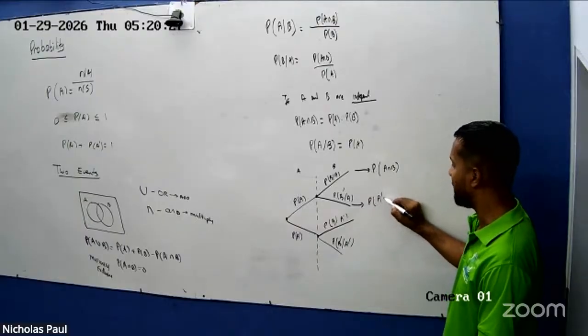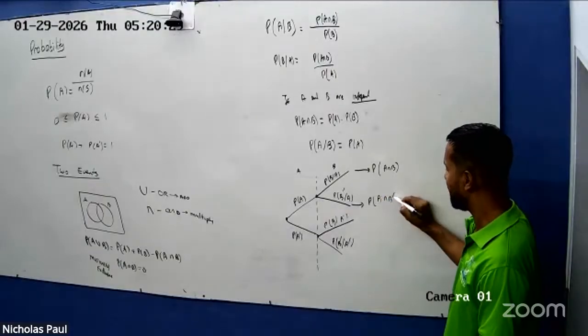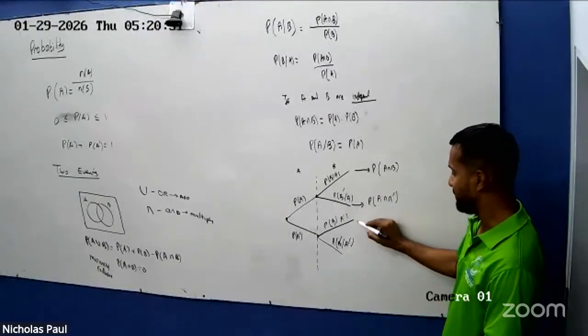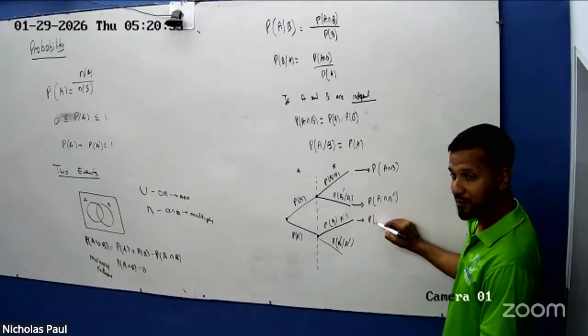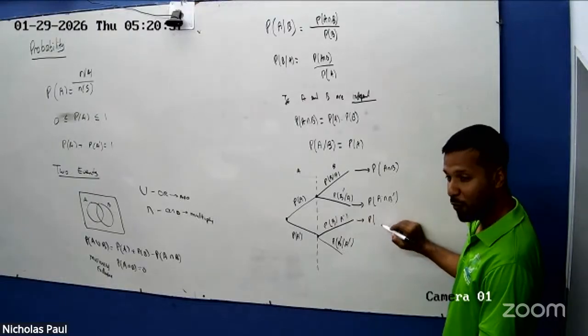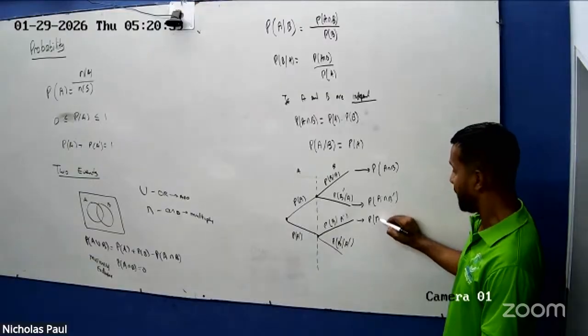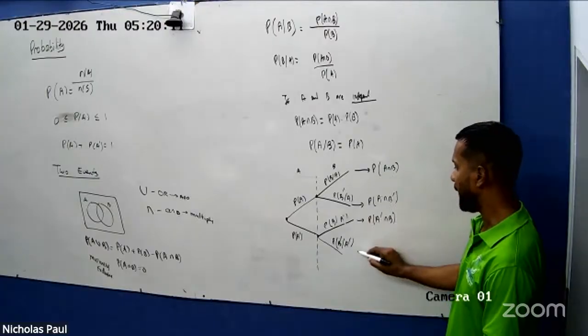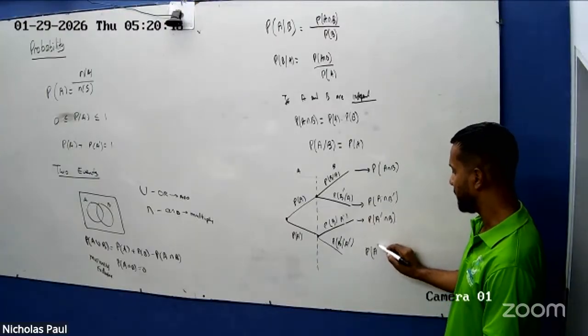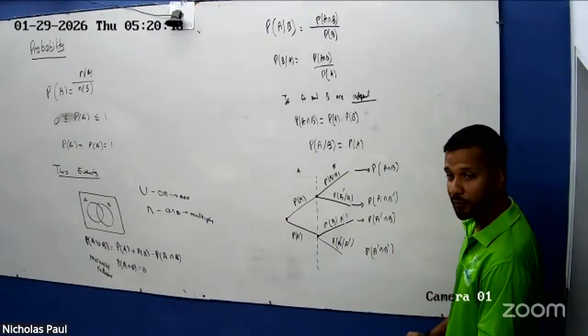Probability of A and not B. What's this one? Not A and B. And last one, probability of not A and not B.